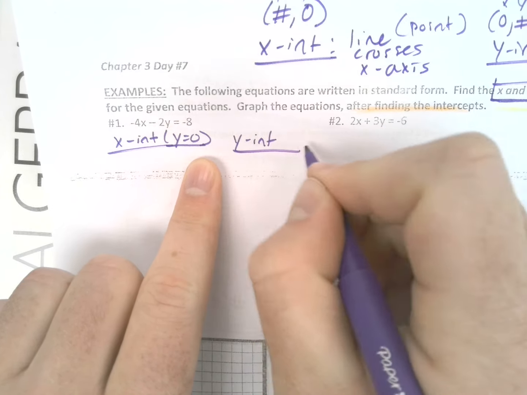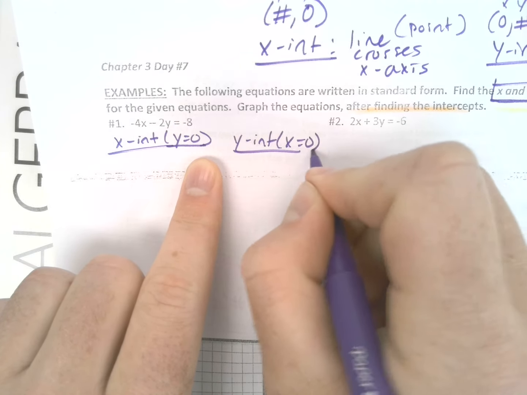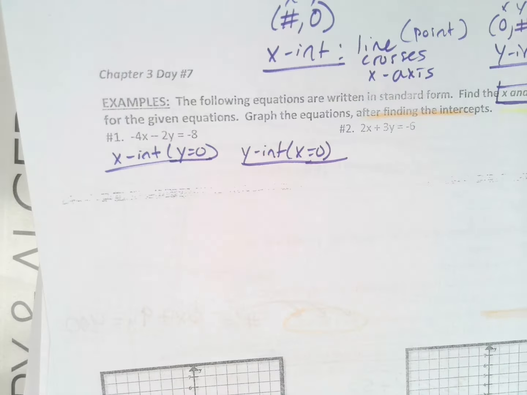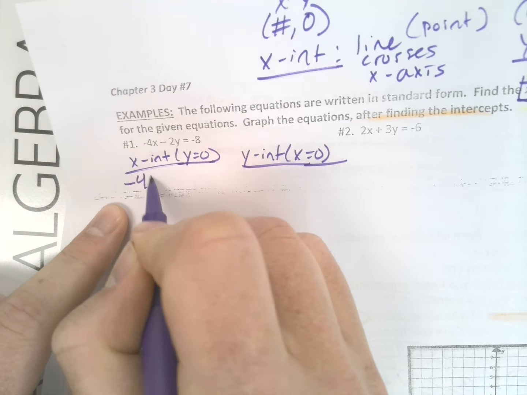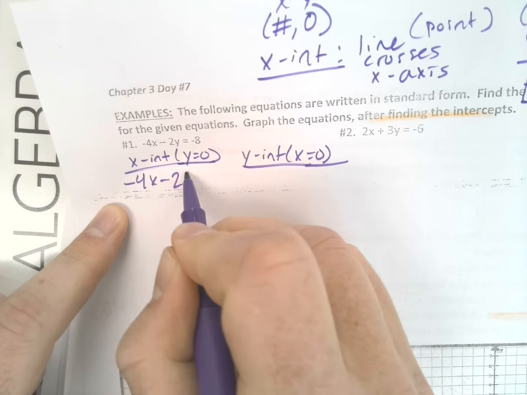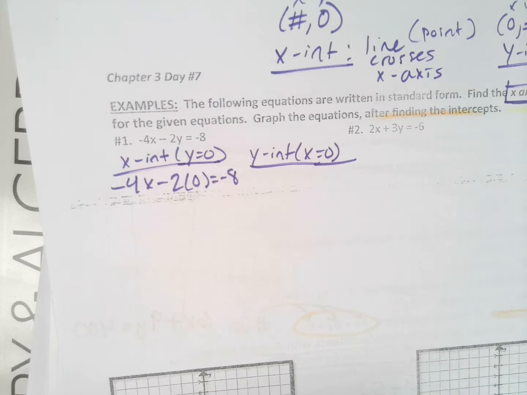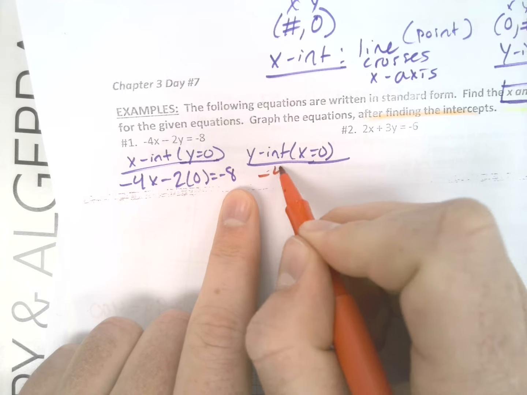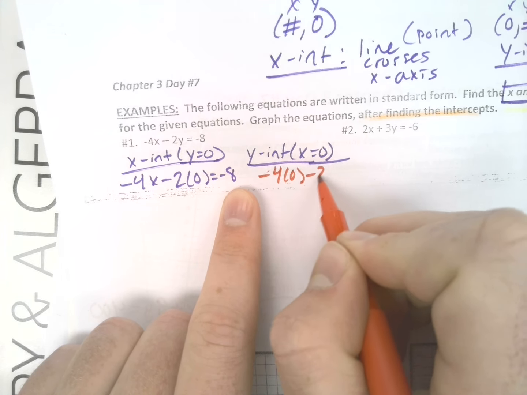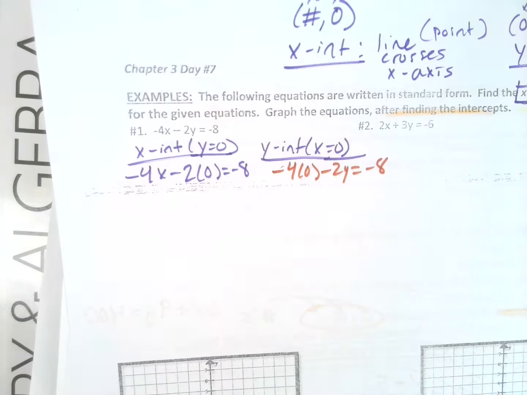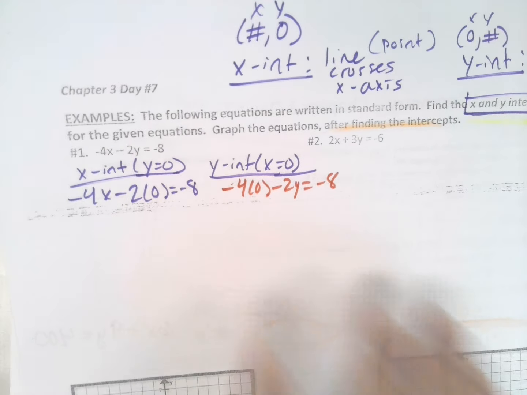Yeah, to find the y-intercept, let's just plug in 0 for x. So negative 4x minus 2 times 0 equals negative 8. And negative 4 times 0 minus 2y equals negative 8.